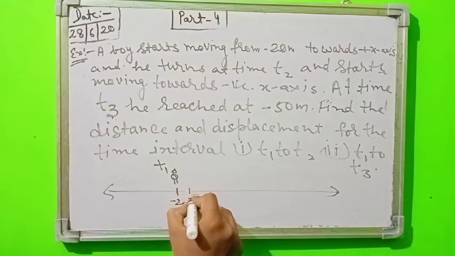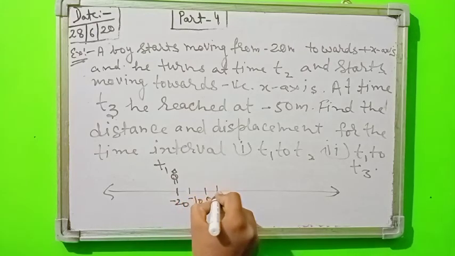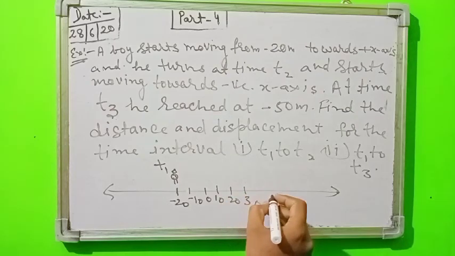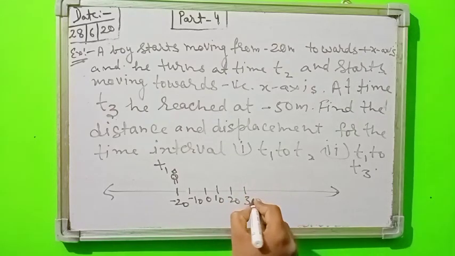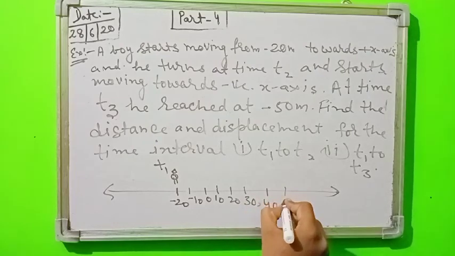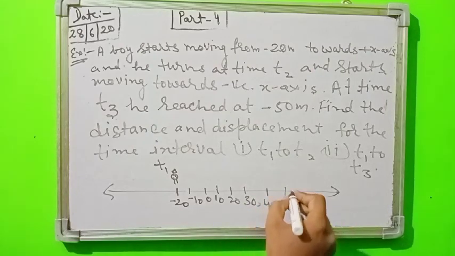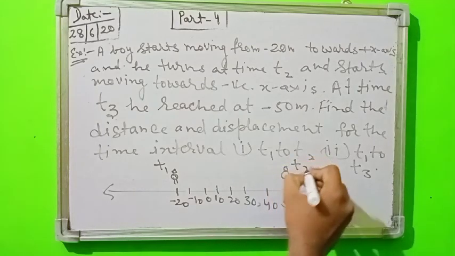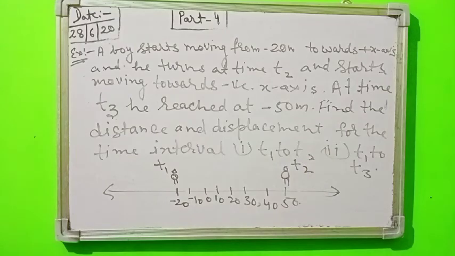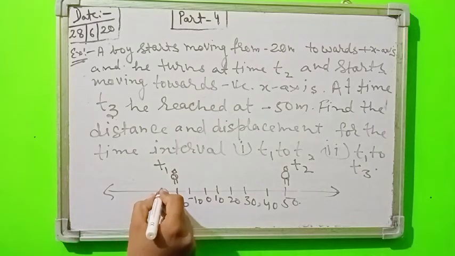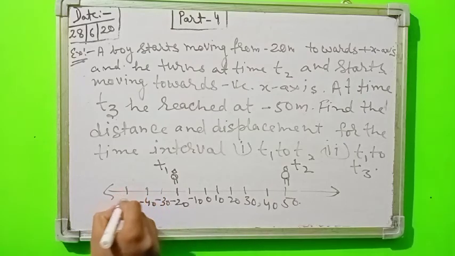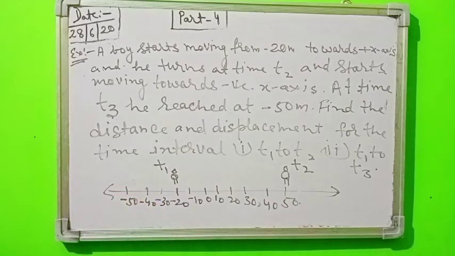After -10, 0, 10, 20, 30, 40, 50, he reaches the position 50 at time t2, and again at time t3, -50: -30, -40, -50.